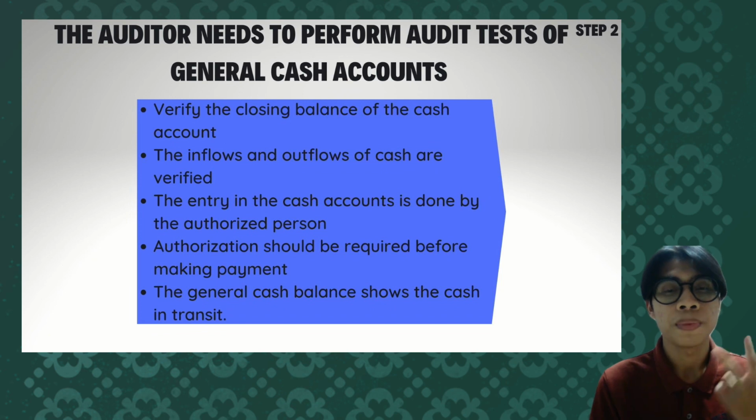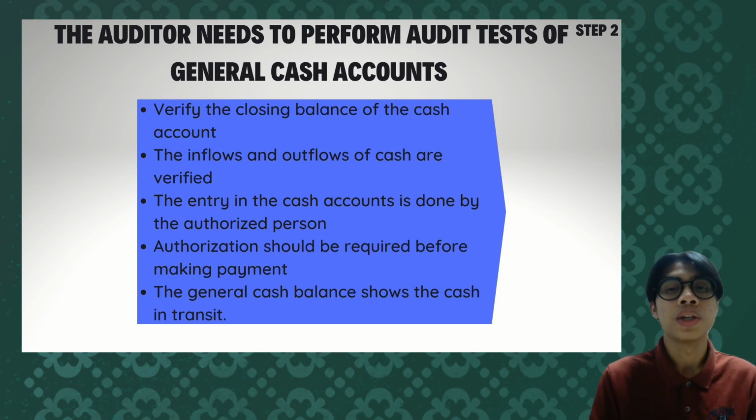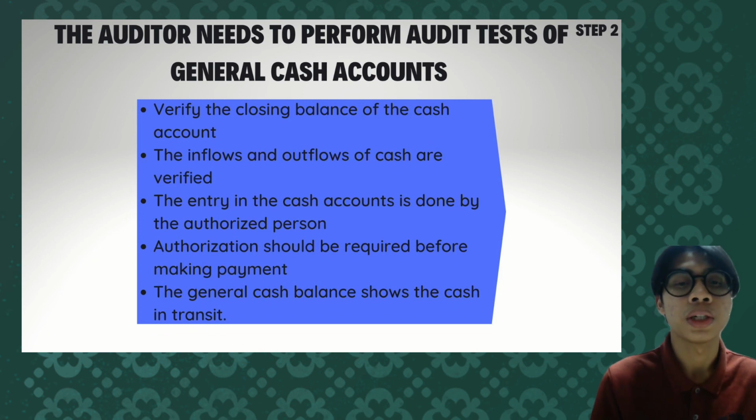For step 2, the auditor needs to perform audit tests of the general cash account, which are as follows: verify the closing balance of the cash account with physical cash. Next, the inflows and outflows of cash are verified with their payment or receipt vouchers.